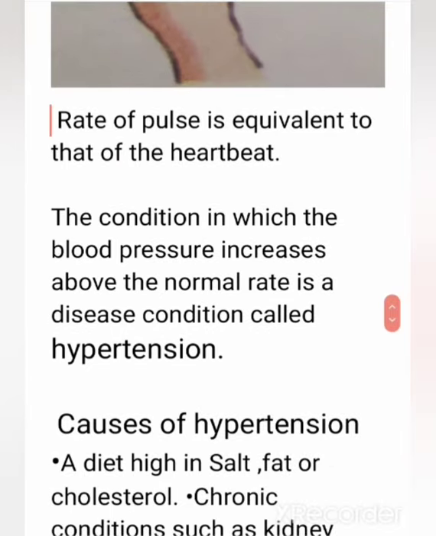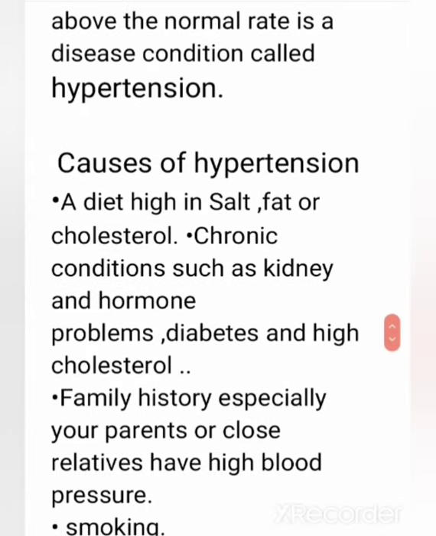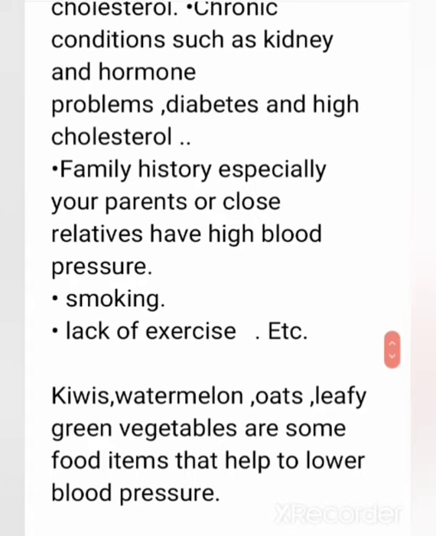The causes of hypertension are a diet high in salt, fat or cholesterol, chronic conditions such as kidney and hormone problems, diabetes and high cholesterol, family history, especially if your parents or close relatives have high blood pressure, smoking, lack of exercise, etc.